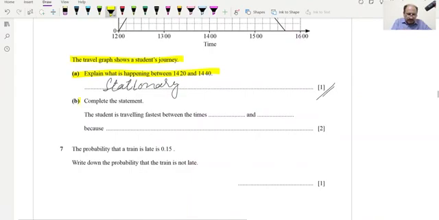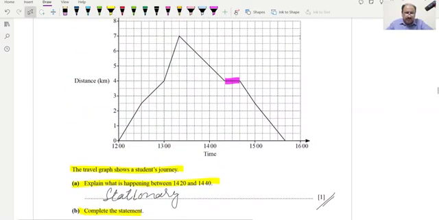Then, complete the statement: the student is traveling fastest between the times. And what we will be checking is the gradient. This is the steepest one, so it is for this duration, which is 13 up to 1340. This will be 1320 basically. No, it's not up to this one, it is up to this one.